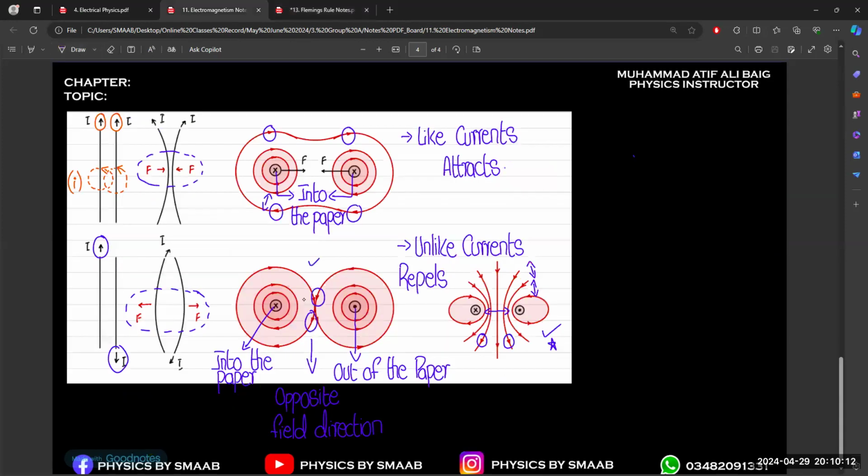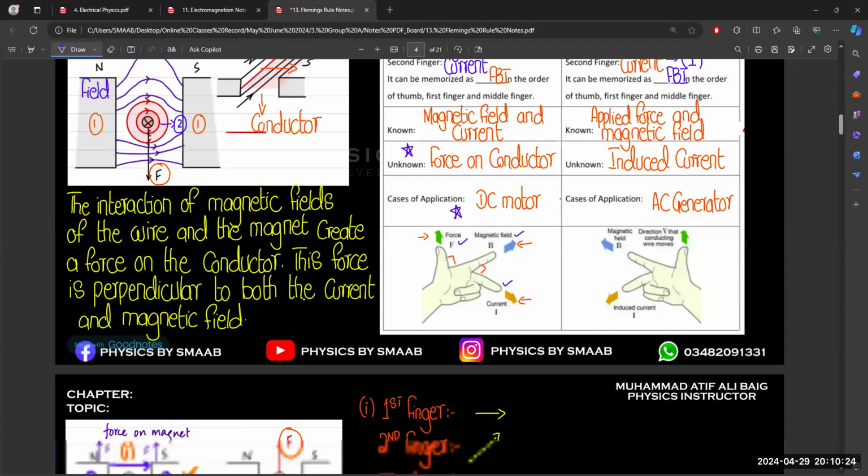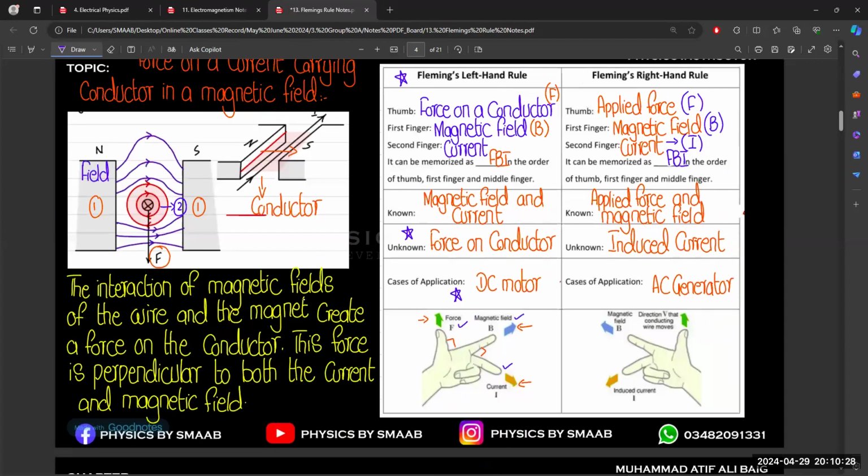So it will also help to differentiate between the questions related to left-hand rule and right-hand rule, right? And in this, we know that if current is already given in the question, and magnetic field is already given, then definitely we have to apply Fleming's left-hand rule.